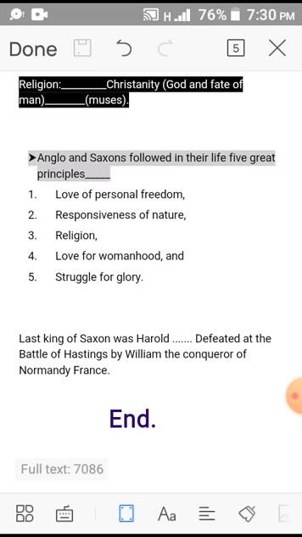The Anglo-Saxon kings, of whom Alfred the Great was the most prominent, ruled till 1066 when Harold, the last of the Anglo-Saxon kings, was defeated by William I, the conqueror of Normandy, France. This is all about Anglo-Saxon history. I hope you all understand the basic history of the Anglo-Saxon period in detail.